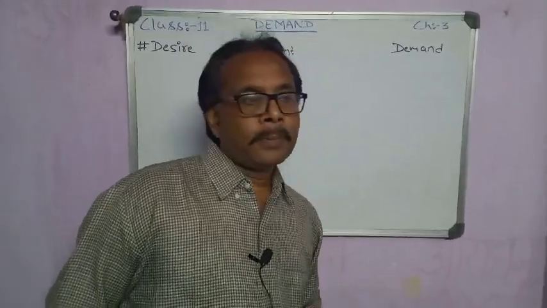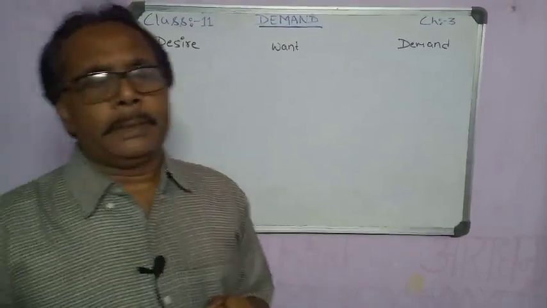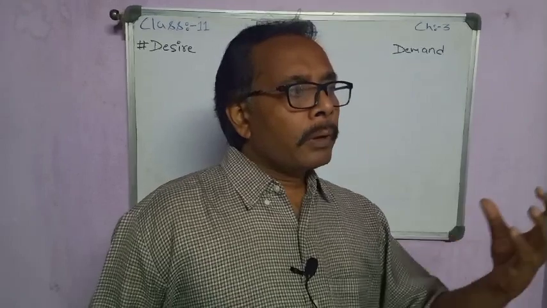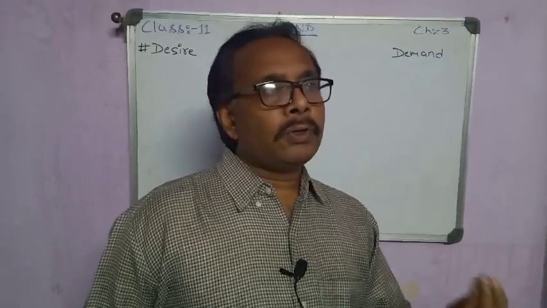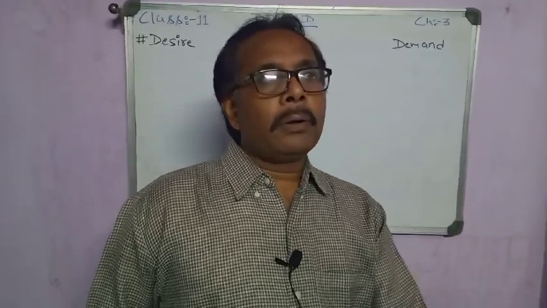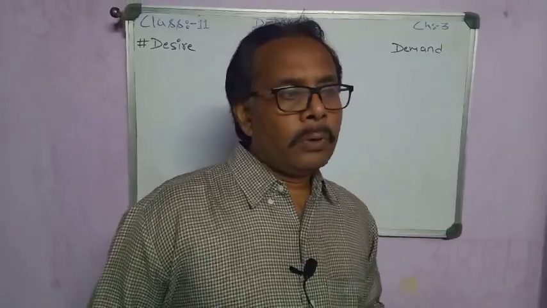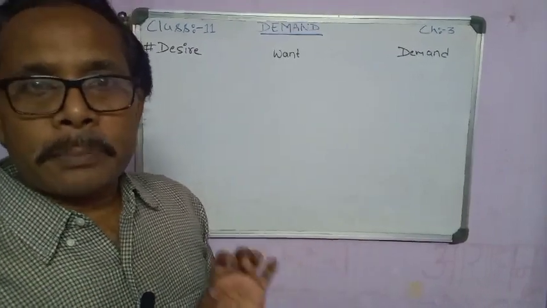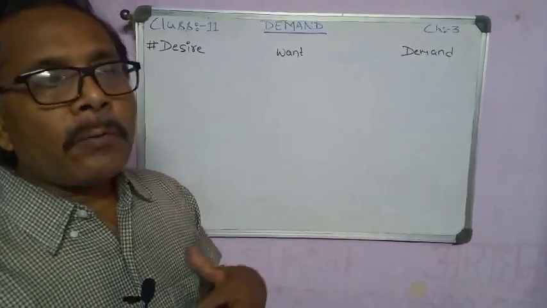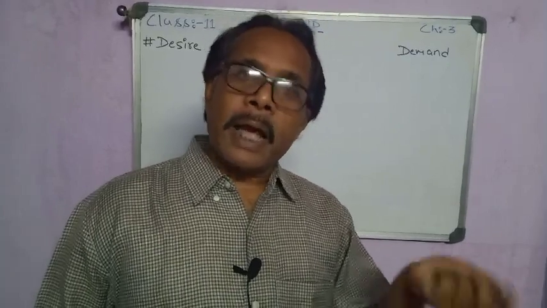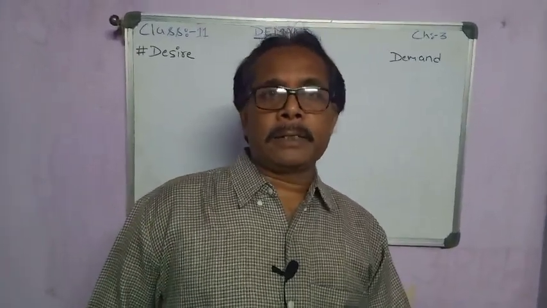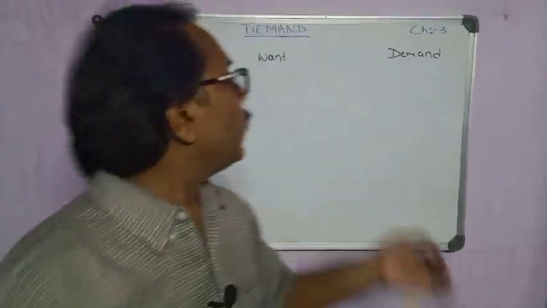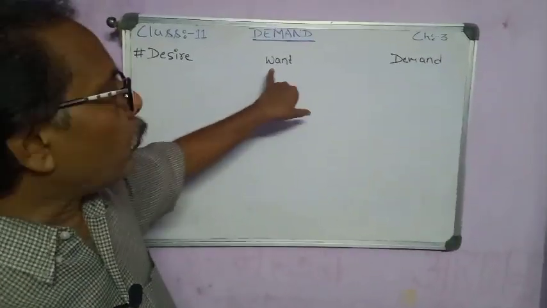For example, I have huge amount of money and I want to purchase a house which is located in the heart of the town, but no one is ready to sell the house. It means even though I want to purchase it, I have the ability, I have the willingness, but the commodity is not present in the market, and that situation is known as want.